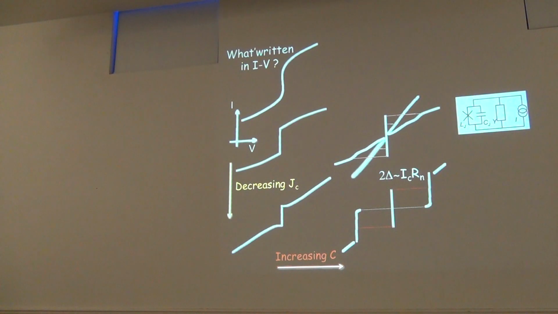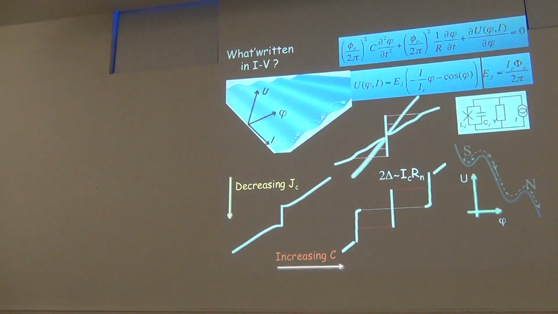All this is fully understood and described by the RSJ model that we don't need to discuss further, because yesterday Dieter explained where these terms come from, from the modeling of the junction with the conductance and the reactance here.